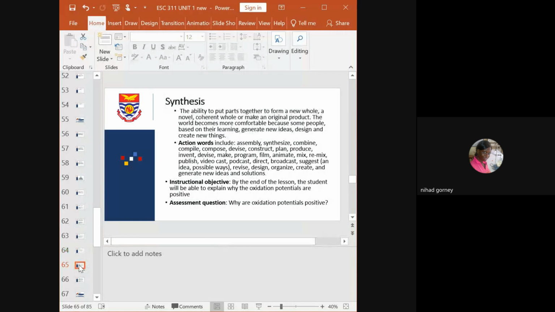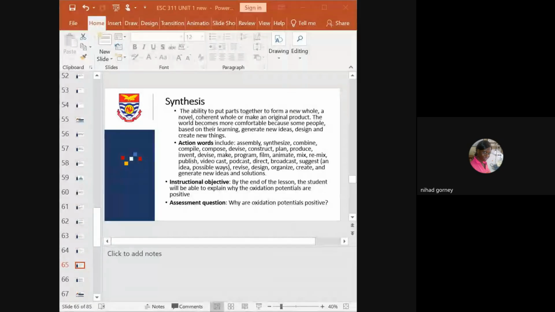Synthesis means putting together. Just as analysis is breaking down to see the relationship, synthesis means putting them together to form a new whole. For such, we use words like assemble, construct, plan, produce, and all that.